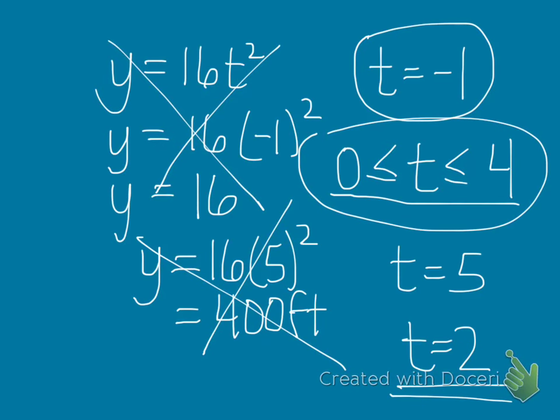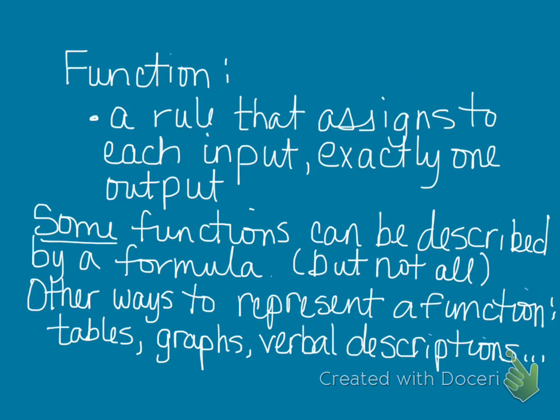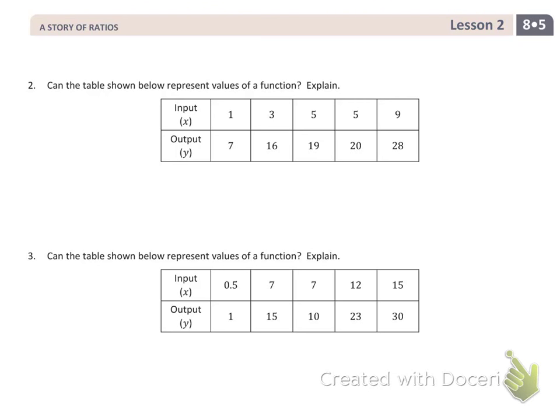Okay, so let's look at some examples of that. Look at exercise 2 and 3. It says, can the table shown below represent values of a function? Remember, if we're thinking of our definition of a function, that is a rule that assigns to each input exactly one output. So that's what we're looking for.